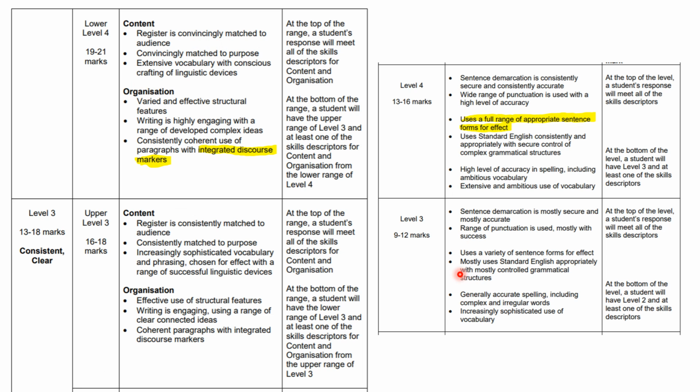And now today for our sentence types, that will help you hit this comment in organisation about discourse markers, and this comment about appropriate sentence forms for effect in SPAG. So by improving our ability to vary our sentence types, we're going to be able to work our way up the mark scheme for each of these criteria.